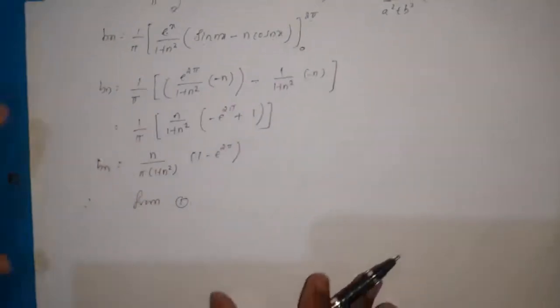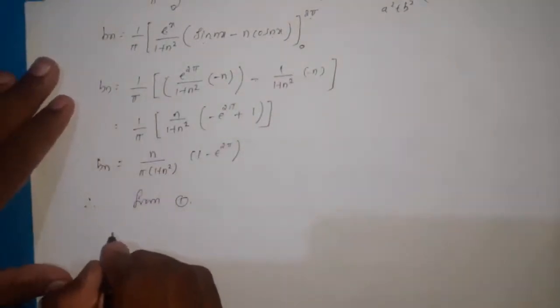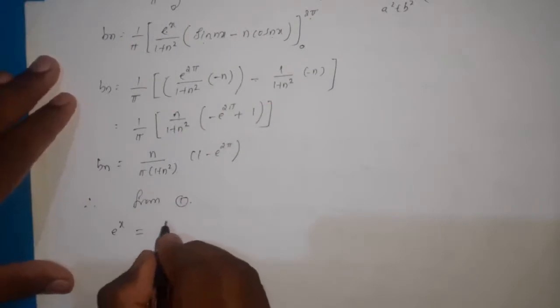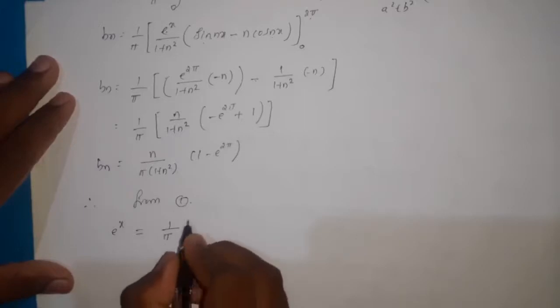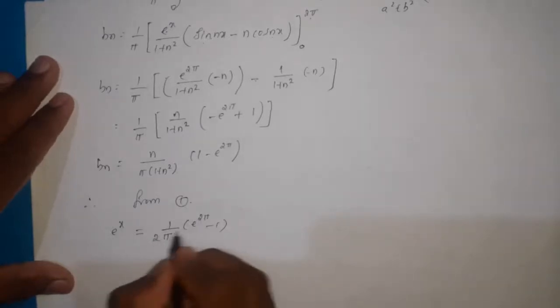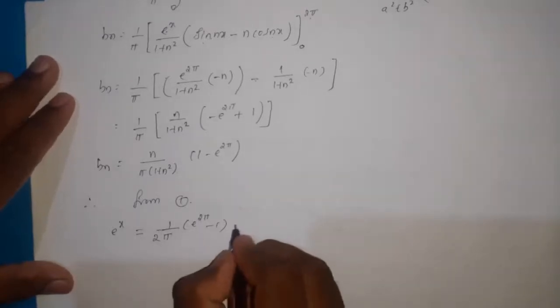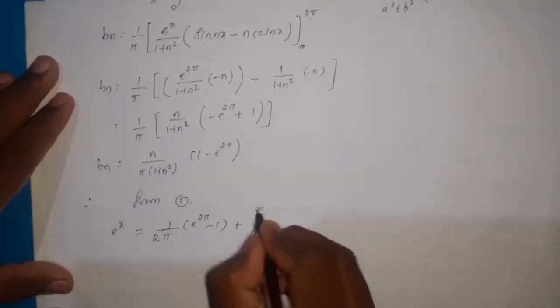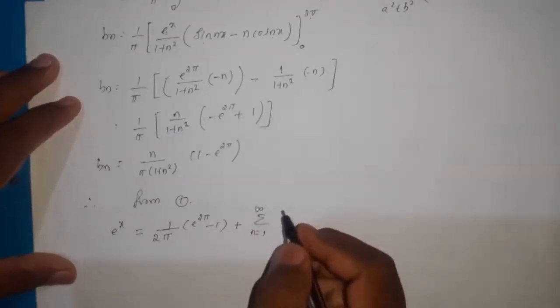So therefore that equation becomes f of x, that is e power x equal to a naught by 2, that is 1 divided by pi e power 2 pi minus 1 divided by 2 is there. So therefore that is 1 by 2 pi plus summation over n equal to 1 to infinity a n.